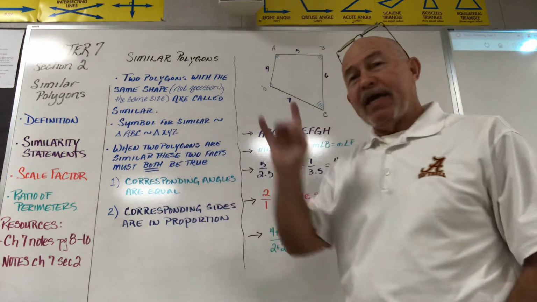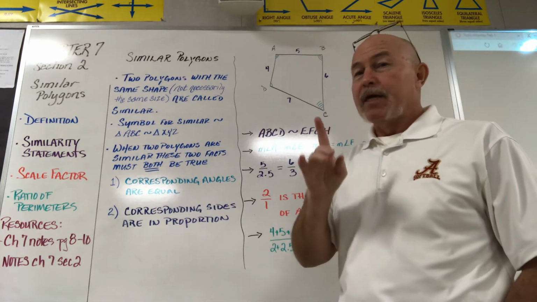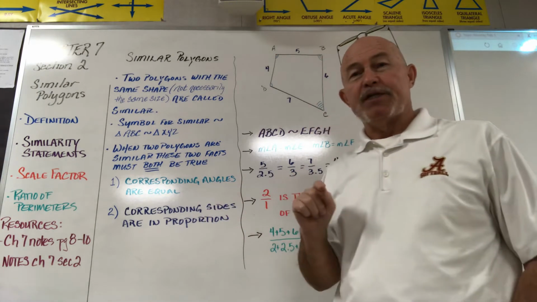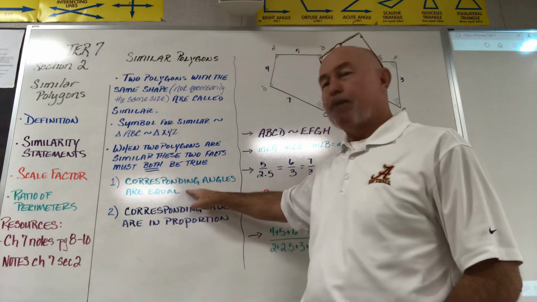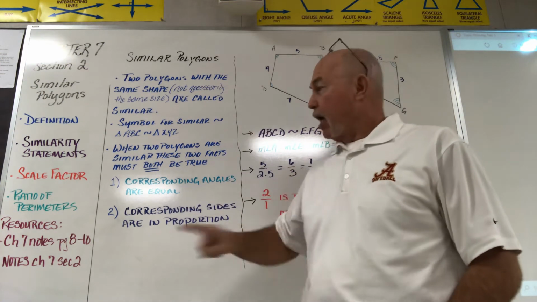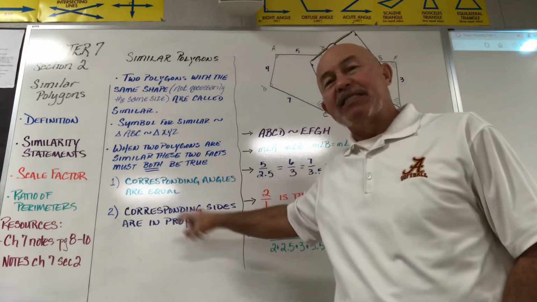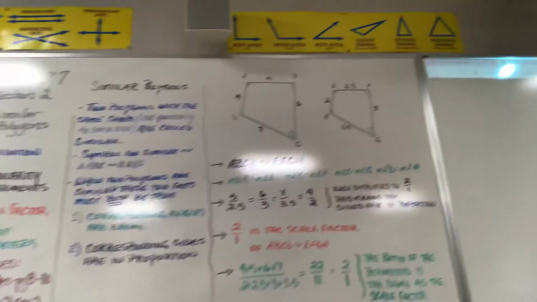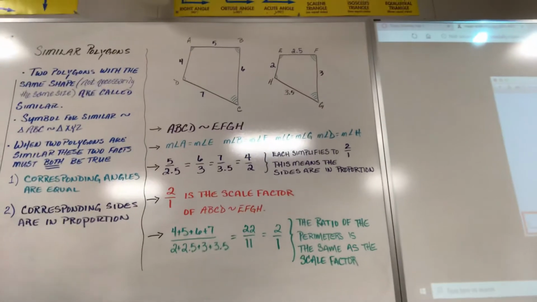Now, if two polygons are similar, it is because they have both of these stipulations. First, corresponding angles have to be equal. And the corresponding sides have to be in proportion. Here's just such an example.